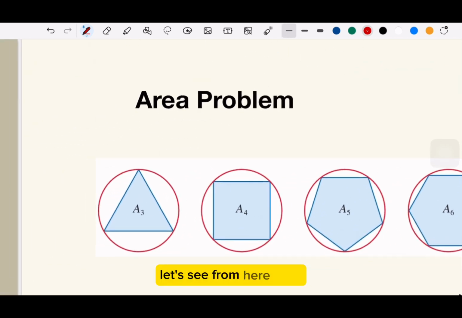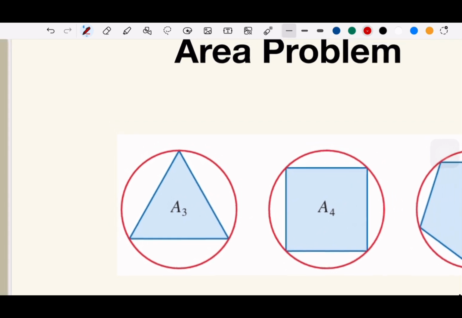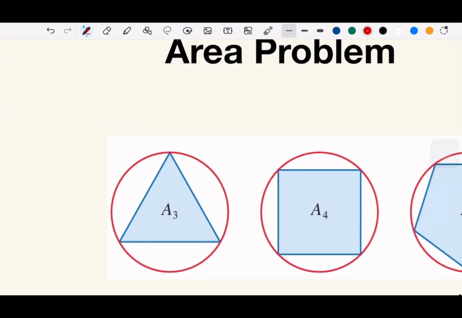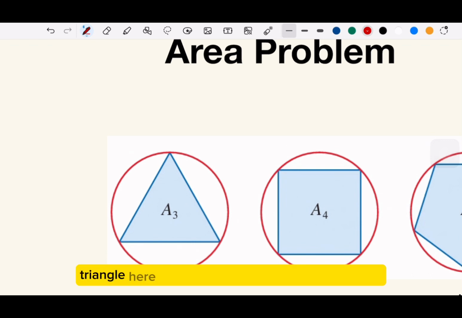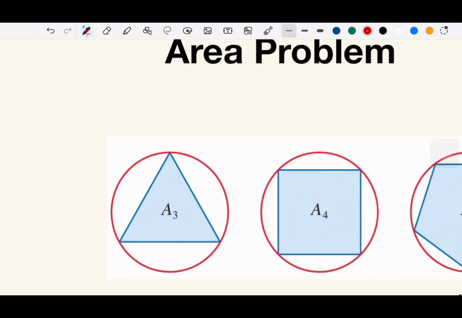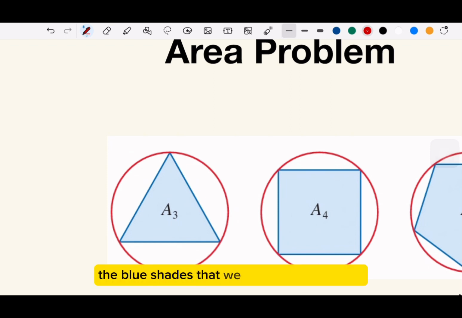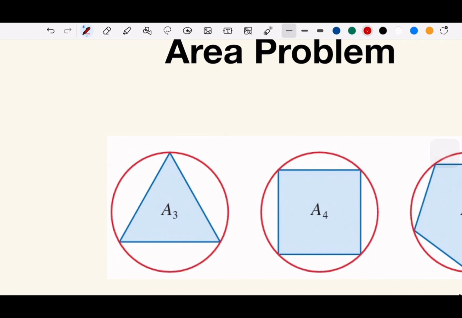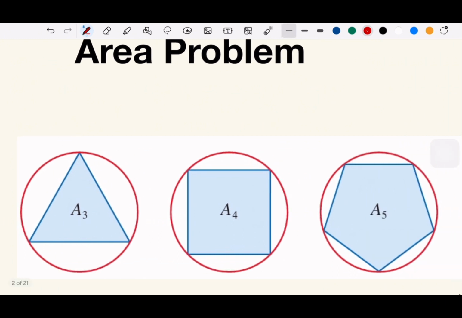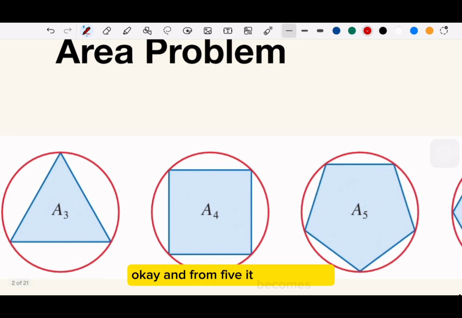Let's see from here. I have a triangle inside the circle, and a square inside the circle. Let's start from this triangle. Say we have a shape, the blue shape, that we can increase its size: these 3 sides become 4, and from 4 becomes 5, and from 5 it becomes 6.